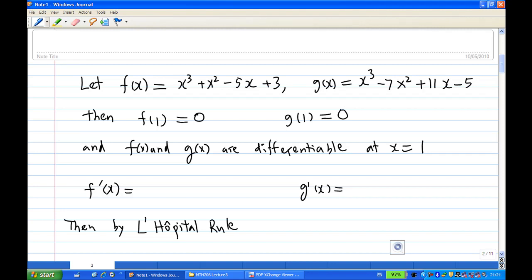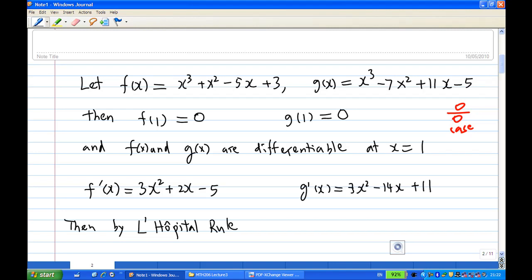Because we have a 0 over 0 case, just like the L'Hopital rule I mentioned, we can find f prime of x now. f prime of x equals 3x squared plus 2x minus 5, and g prime of x is 3x squared minus 14x plus 11.